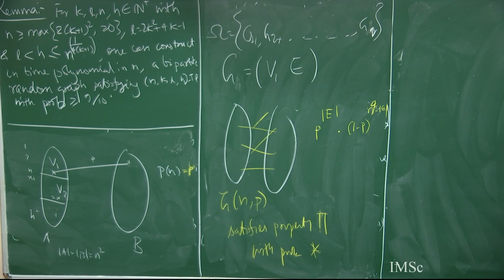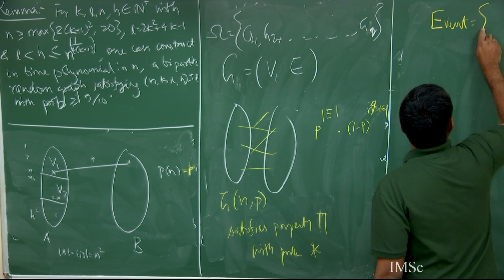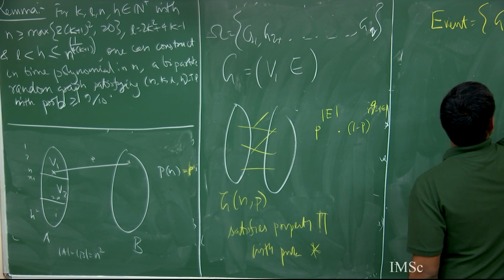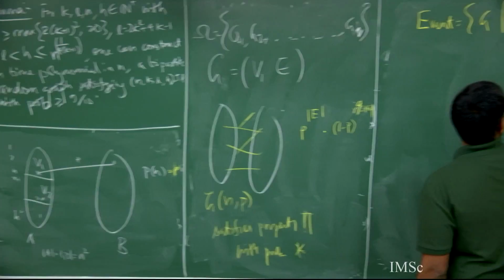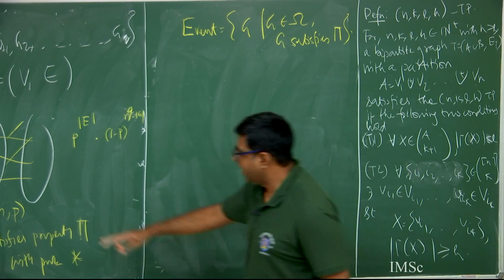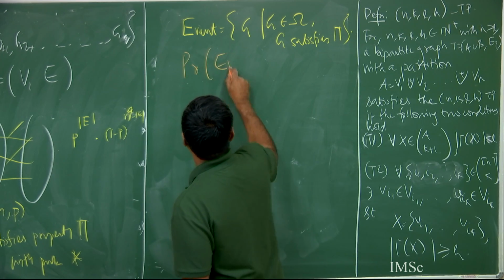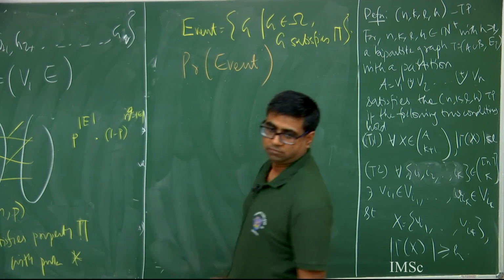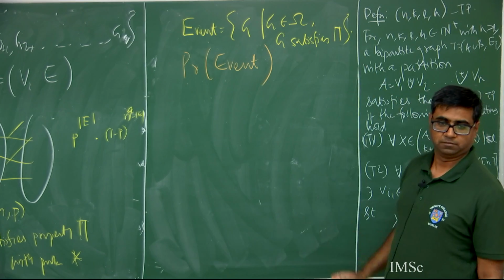Let us first understand what event we are trying to capture. The event is: G in omega such that G satisfies pi. So when you say that G(n, p) satisfies property pi, you mean the probability of this event.